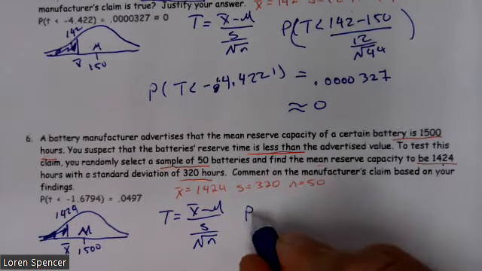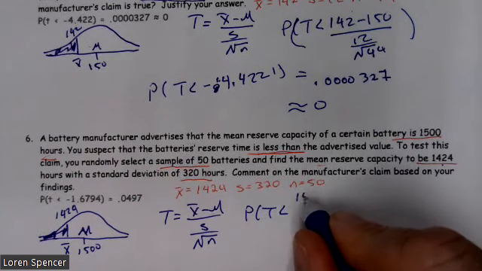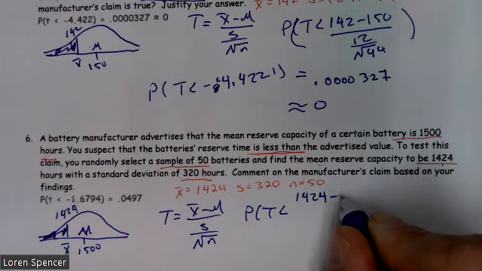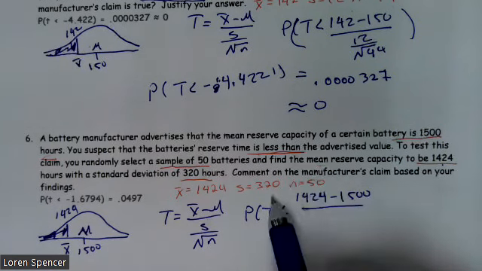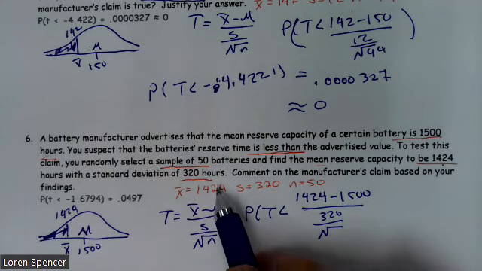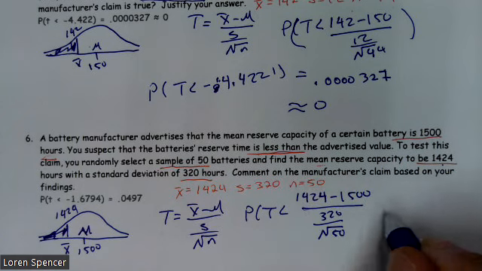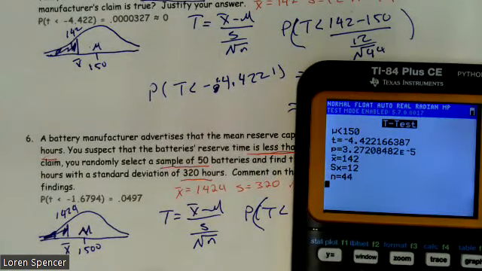All right, so the probability that T is less than 1424 minus 1,500 over, what was our standard deviation? 320 divided by the square root of my sample size, which is 50. So what do we get when we plug that in?